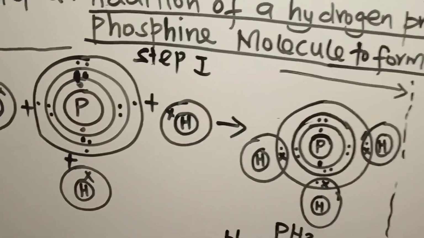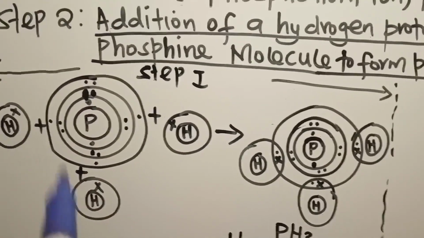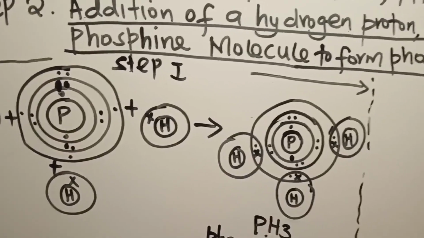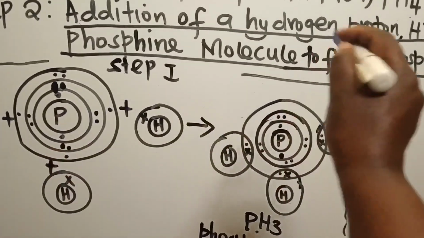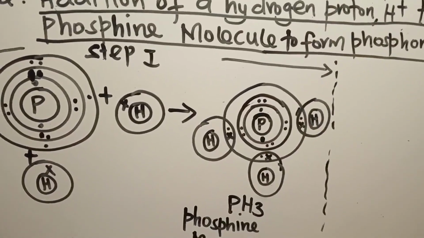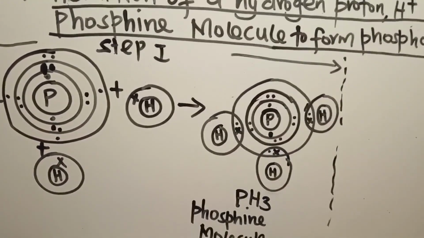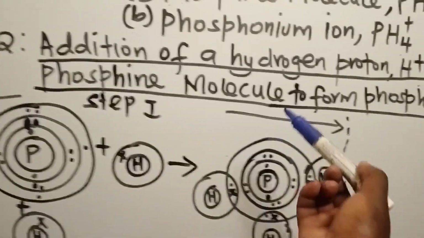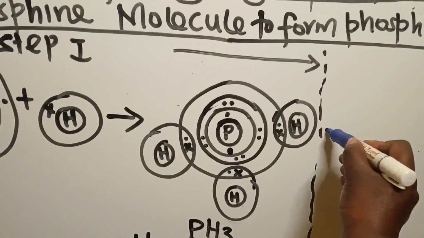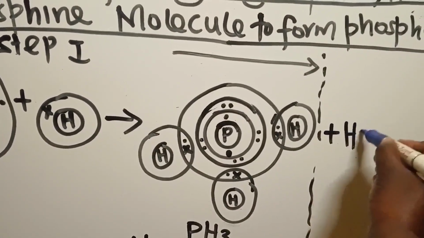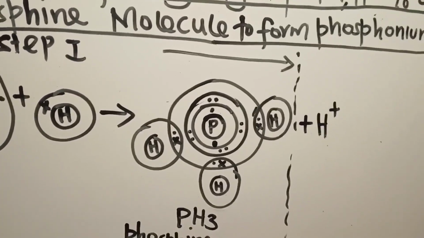So actually you can even arrange your paper like to have both steps happening horizontally. So from that end to where I have drawn a dotted line downwards, that is step 1. So in step 2, we are only coming in to add the hydrogen proton. So you say plus a hydrogen proton.